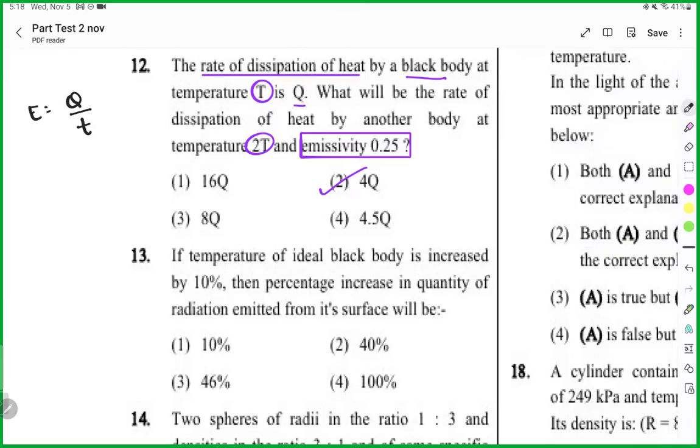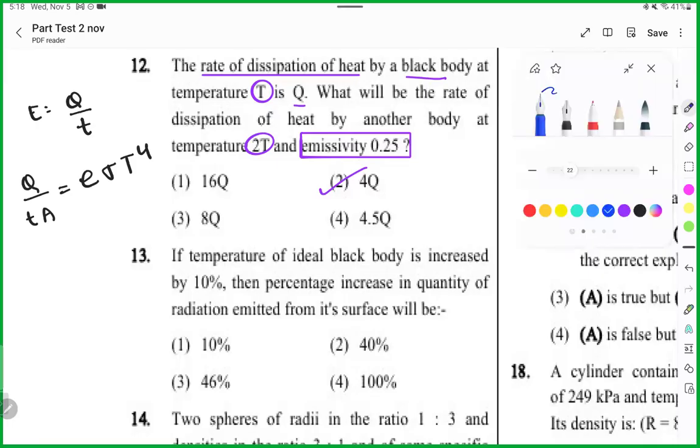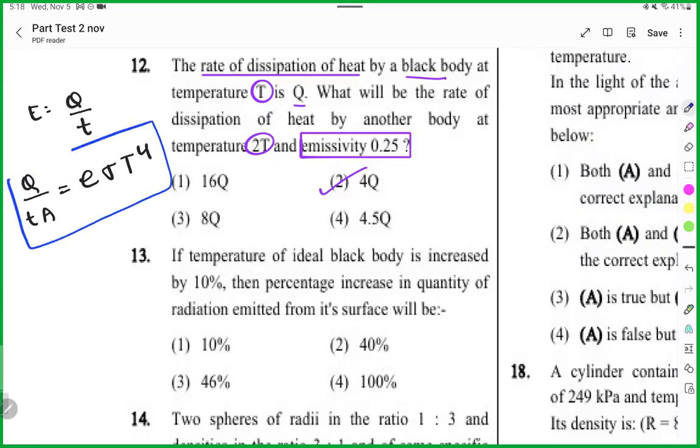And if you use the Stefan-Boltzmann law, you know it is energy per unit time per unit area equal to emissivity, constant value and T raised to power 4. So everyone remember, this is the actual formula you use in the Stefan-Boltzmann law. Right? Same method you have to apply in question number 13 and solve.